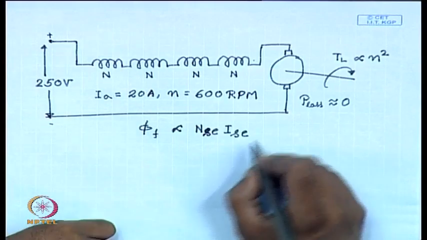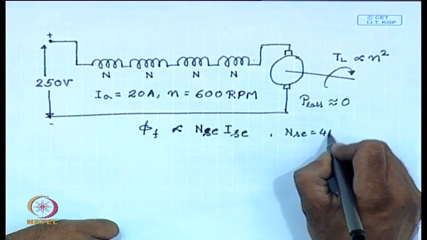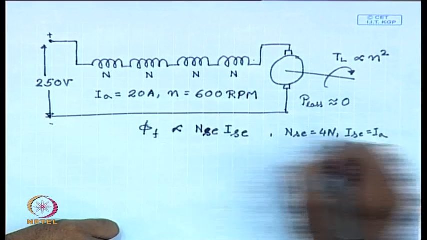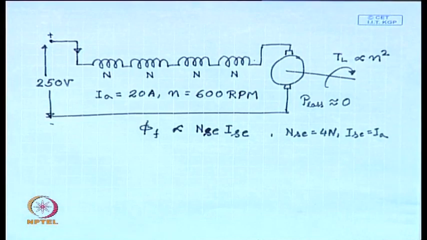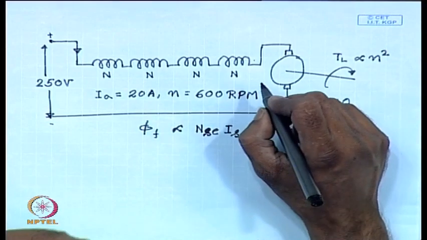In this particular case, N AC equal to 4 N and I AC equal to I A. However, this does not always have to be the case.